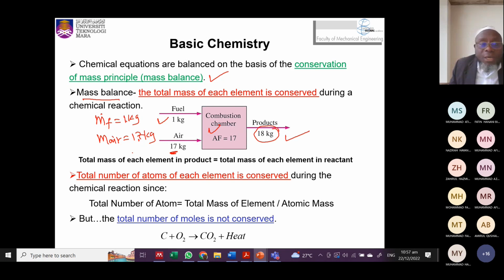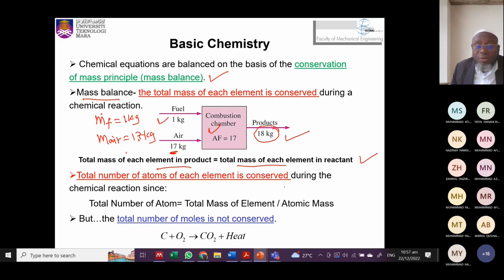So here we say mass is always balanced. The mass of the reactant and the mass of the product have to be the same. So the total mass of each element in the product equals the total mass of each element in the reactant. The total number of atoms of each element is also conserved.